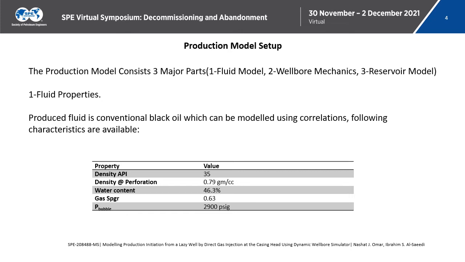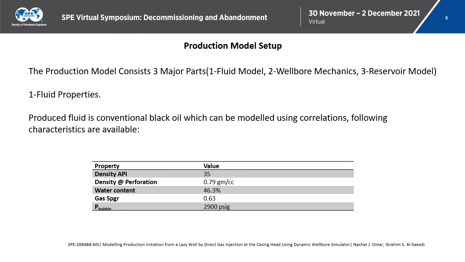For the fluid properties of the well under study, the fluid is a conventional black oil with an oil density of 35 degrees API. Plus the water cut is very high on this well.